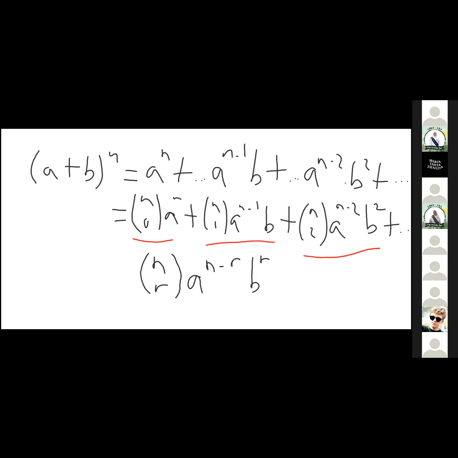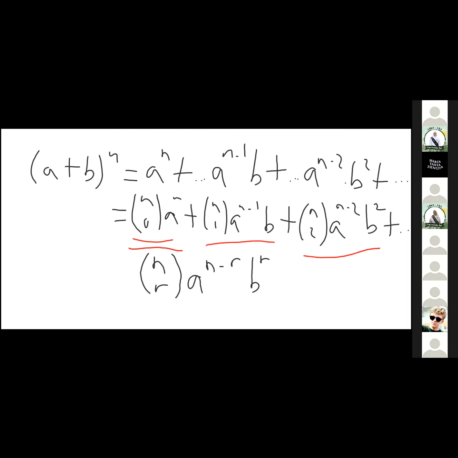When r is 0, we'll have n choose 0 times a to the power of n, times b to the power of 0, which is just 1, so we don't have to write it down. And when r is equal to 1, we'll have the second term. When r is equal to 2, we'll have the third term, and so on. So basically, each term looks like this.